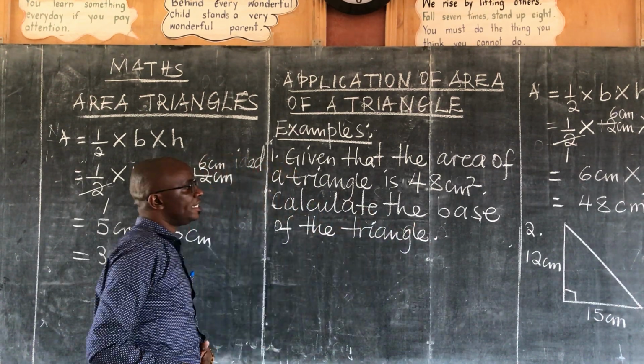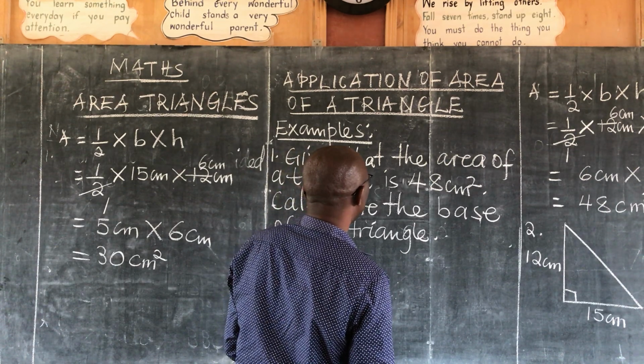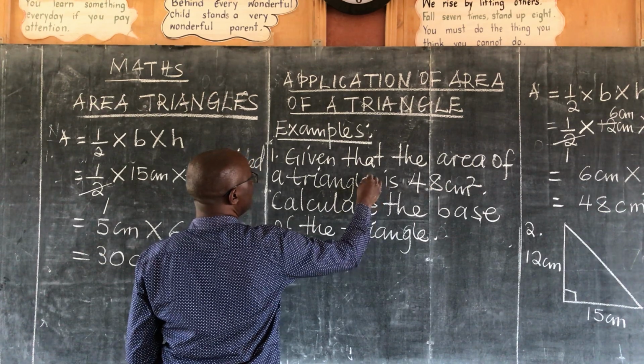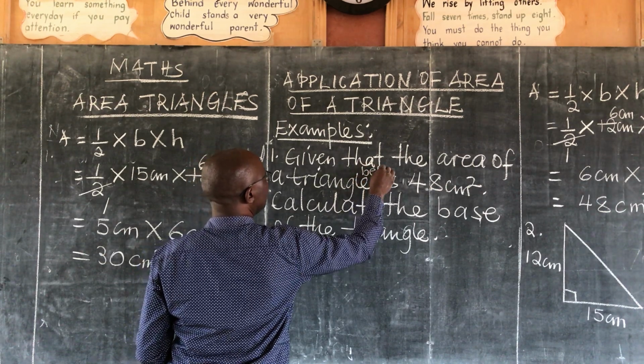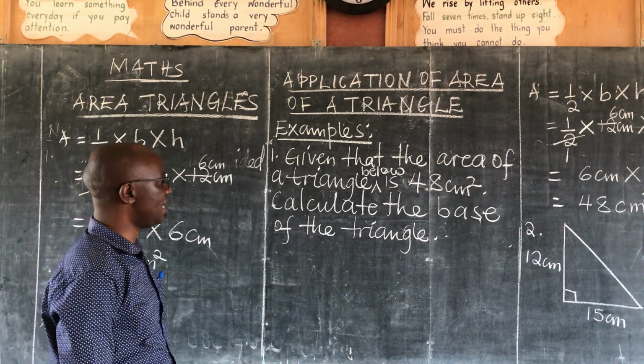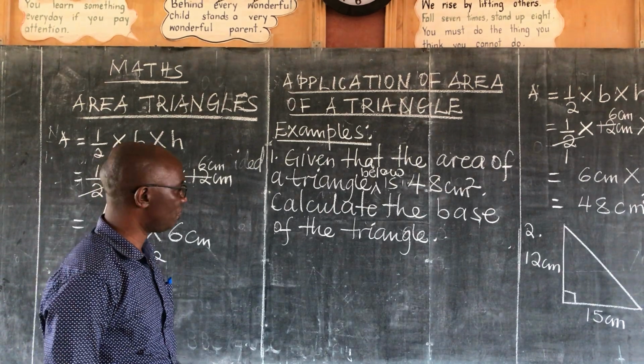Very good. They have given you the area. Given that the area of the triangle below is 48 centimeters square, calculate the base of the triangle.